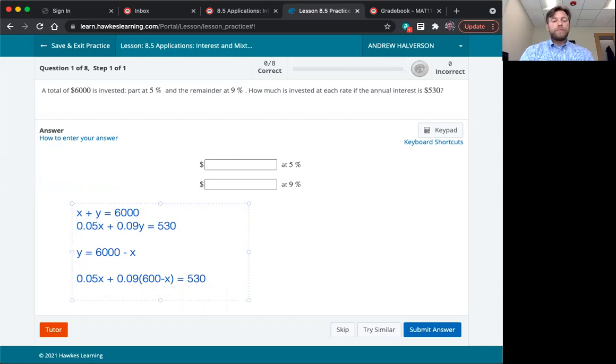And now we solve. For this part, you're going to have to distribute the 0.09, which means take the 0.09 and multiply it, oops, it's supposed to be 6,000, to each term inside the parentheses. Let's go ahead and do the multiplication now.